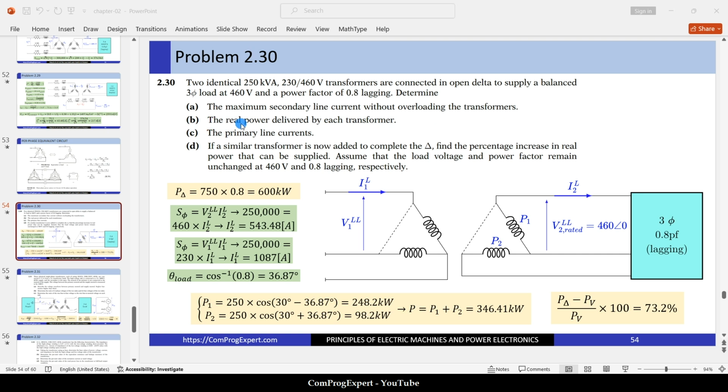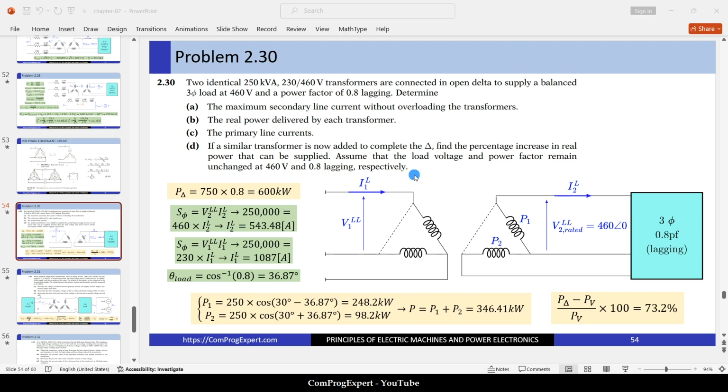B, the real power delivered by each transformer. C, the primary line currents. And finally, D, if a similar transformer is now added to complete the delta, find the percentage increase in real power that can be supplied. Assume that the load voltage and power factor remain unchanged at 460 volts and 0.8 lagging respectively.